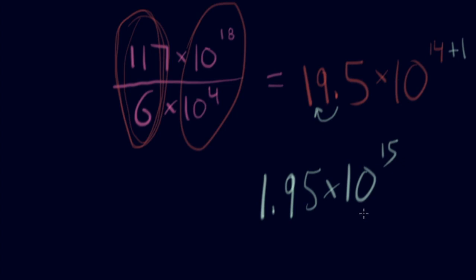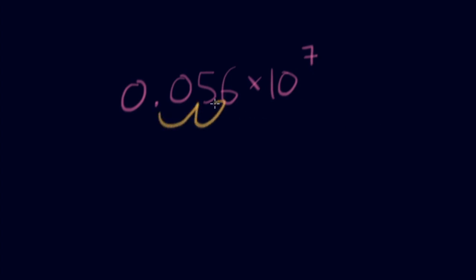Now, you might be wondering, what happens if you have to move the decimal the other way? So let's say you had an answer that looked like this, times 10 to the 7th, and you change that to scientific notation. You have to move that decimal 1, 2 places over.